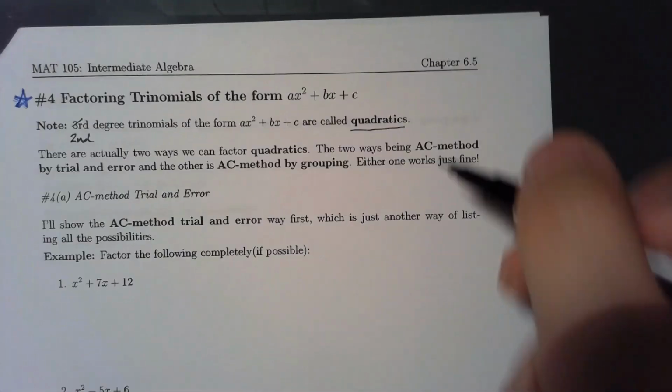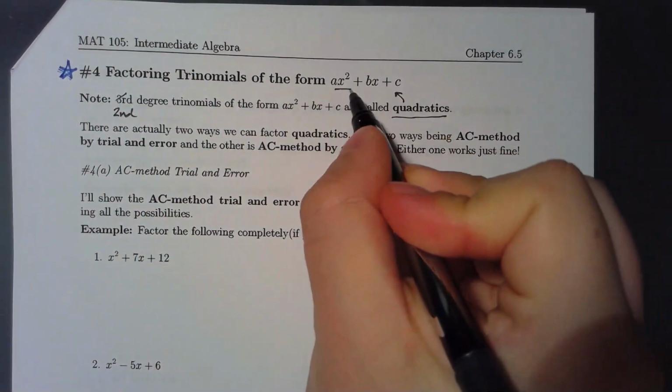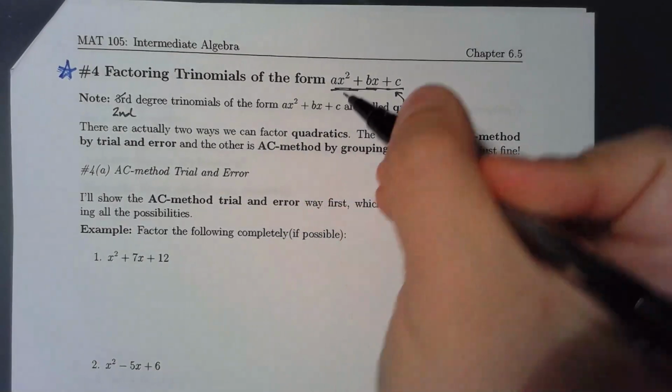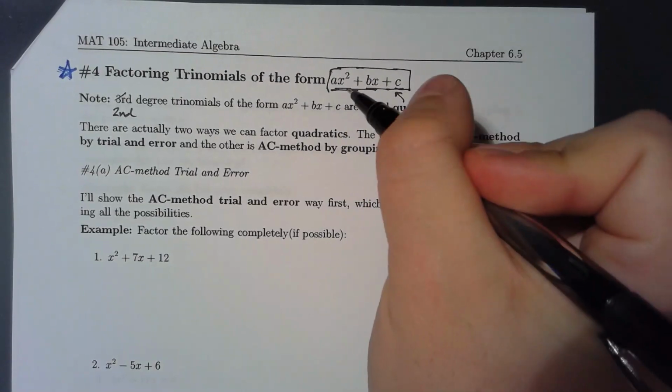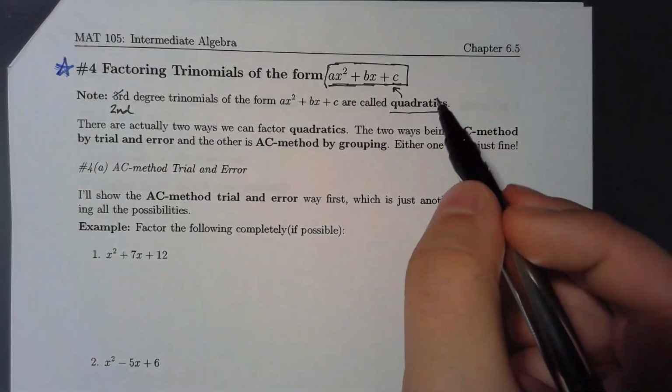So, quadratics take this form. Get used to this form. Understand that form. Become familiar with that form. It's a 3-term, second-degree trinomial. And it's called a quadratic.